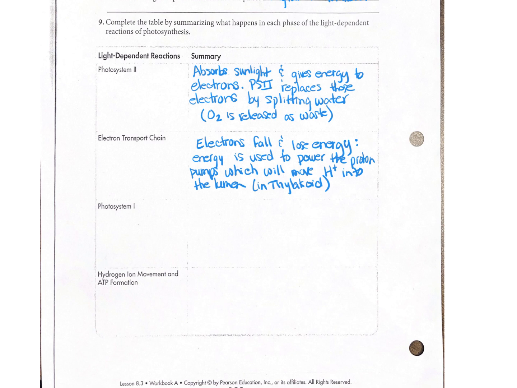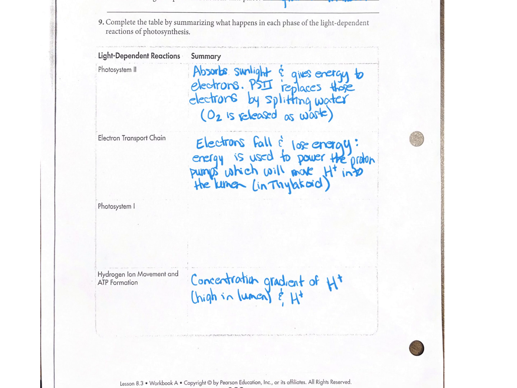So there's a concentration gradient of protons, high in the lumen, and protons, because it wants to even out that concentration gradient. That's the natural order of things, which means that protons are going to try to get back through the thylakoid membrane, but they can't because the membrane is made of phospholipids and it's nonpolar.